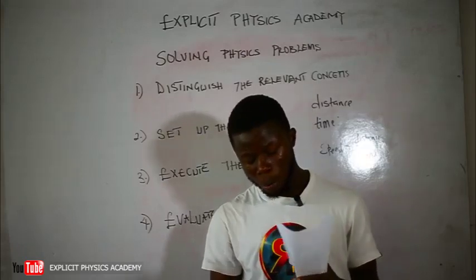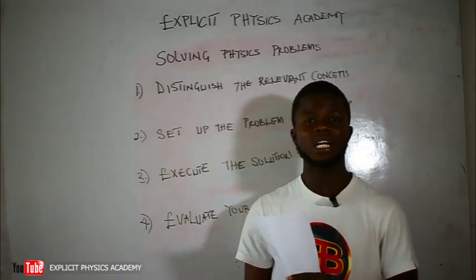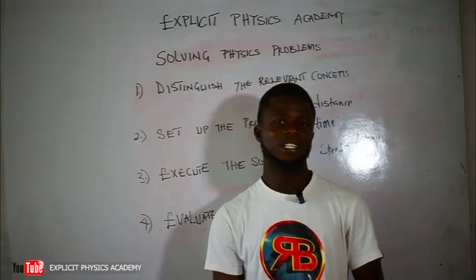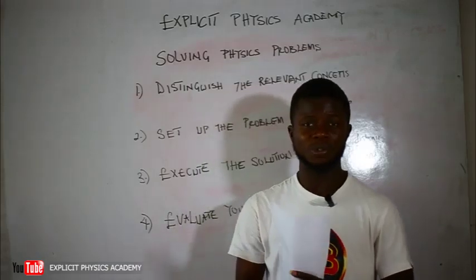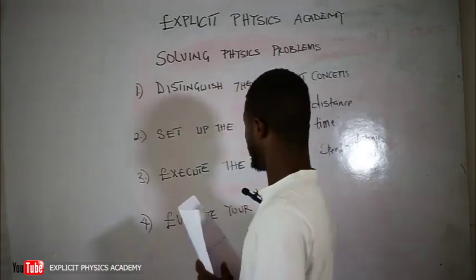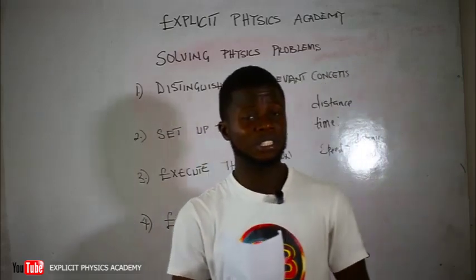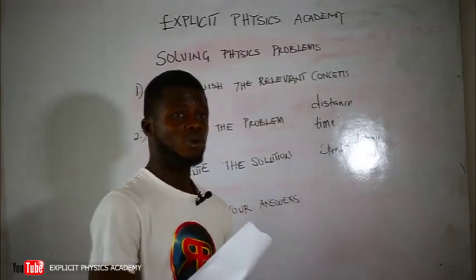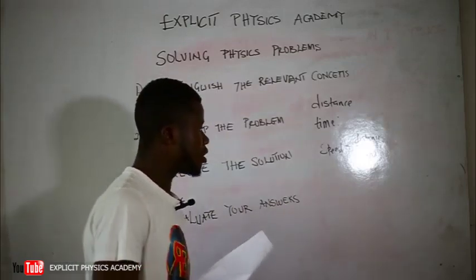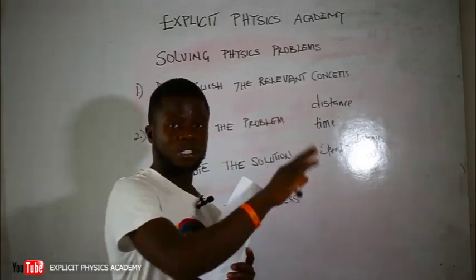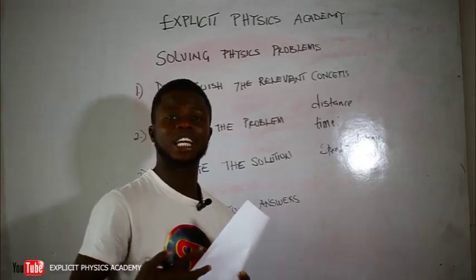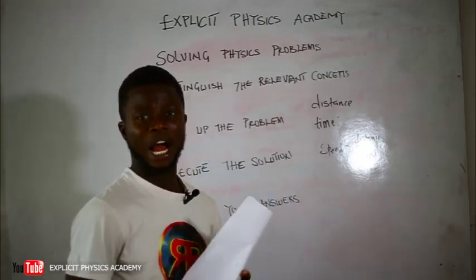That's one of the secrets I've been using to solve problems very easily, and I'm sharing that secret with you as an experienced person in the field of physics. The secret to solving problems does not lie only in writing off the formula. It lies in sketching it out, bringing it out.